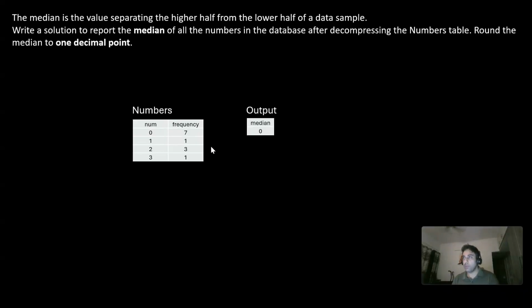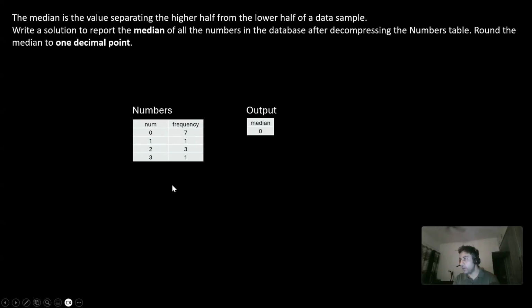Okay, so let's briefly talk about how we can approach this problem. There are two parts to it. As we discussed, first we have to decompress the table and then find the median. To decompress this table, we can use a recursive CTE. Using a recursive CTE, we can mimic the expanded version of this table.